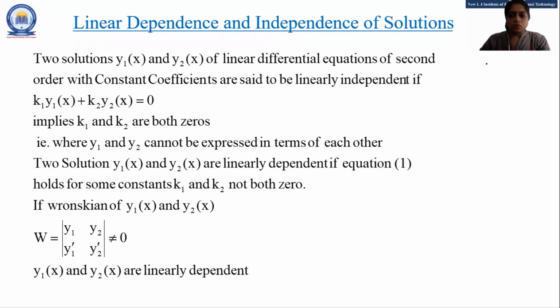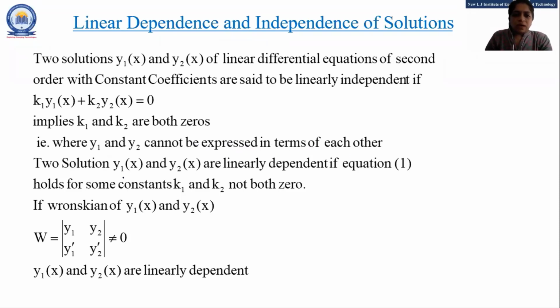Okay, so here two solutions y1(x) and y2(x) of a linear differential equation of second order with constant coefficients are said to be linearly independent if k1 y1(x) plus k2 y2(x) equal to 0 implies k1 and k2 are both 0. It means y1 and y2 cannot be expressed in terms of each other.